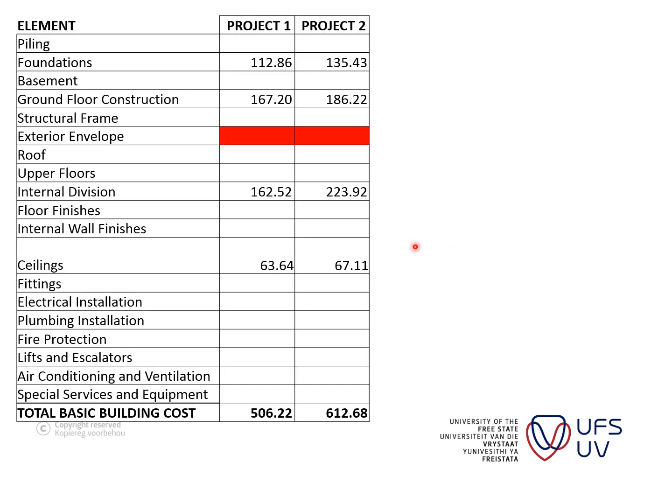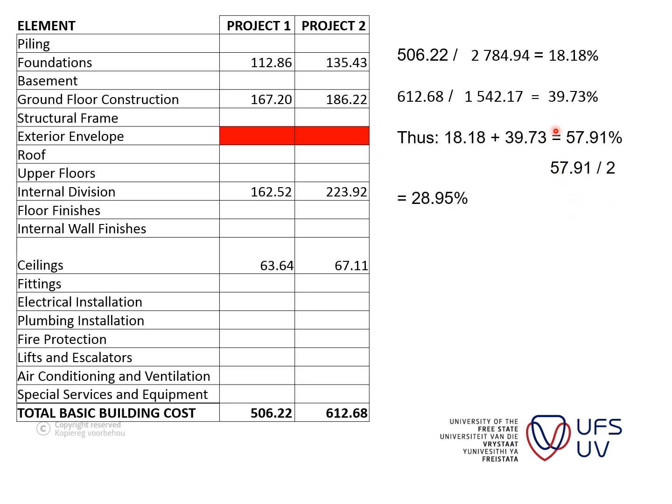From the historical projects, we could identify which items should be included. We calculated what the contribution of these items to the specific projects was. You can see it's between 18 and 39%, so quite a big deviation, but if you work out the average, about 29% is what these items contributed.